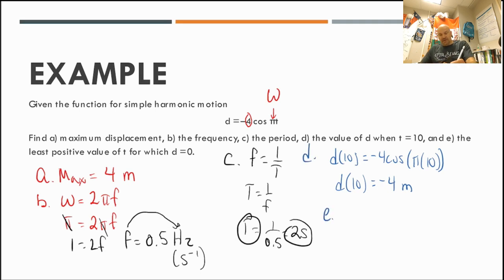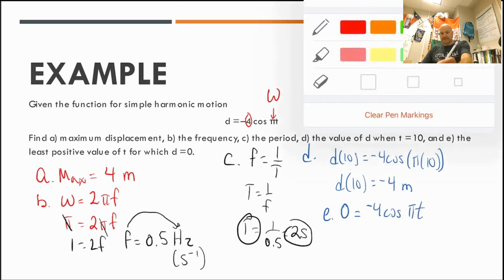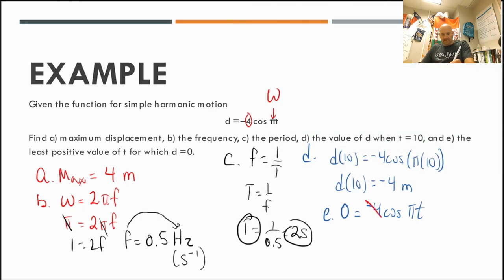So that is part D. And part E, we've got to do a little bit of fun solving here. We want to find the smallest value for t when d equals 0. So we're going to say 0 equals -4 cosine pi t. If we divide by -4, we get 0 equals cosine pi t. Then we would simply take the inverse cosine, or arc cosine.